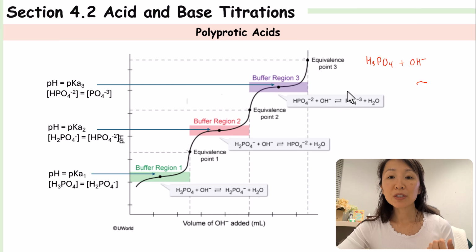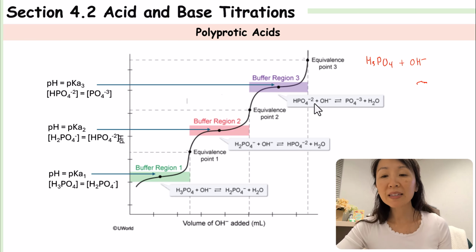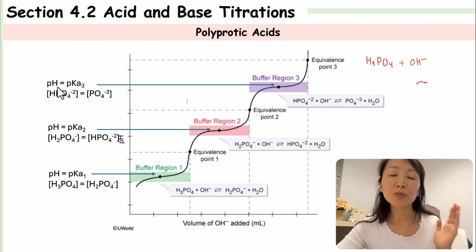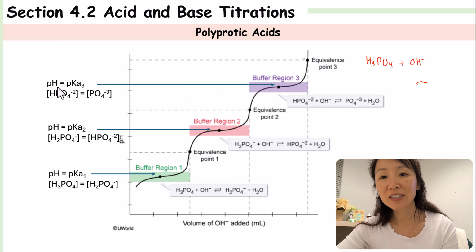And so this region is when the concentration of the acid, which was previously a conjugate base, is now equal to its conjugate base. So you see that equal. The pH at this region is equal to the pKa of the third dissociation constant. Then you add more base and you're finally at the equivalence point.